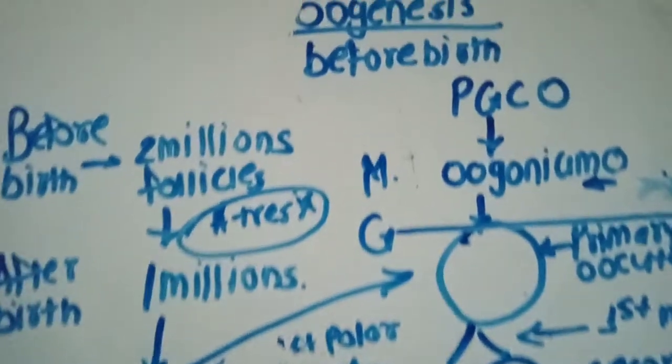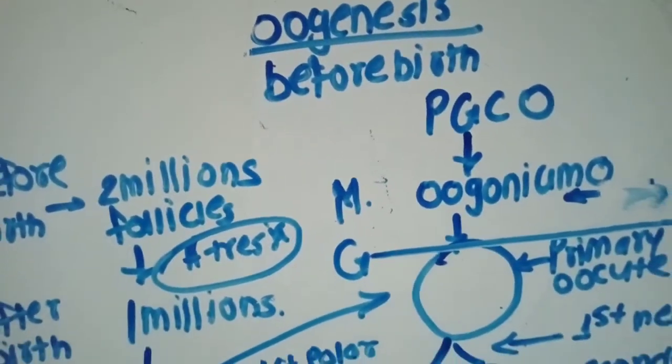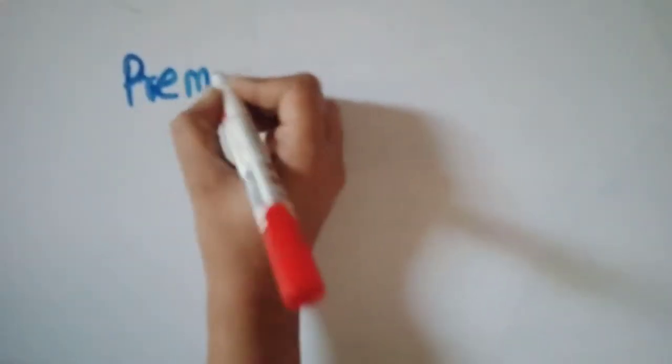Let's see the development of the primordial follicle now. We'll see how the primordial follicle develops into the primary follicle. This is your primordial follicle.